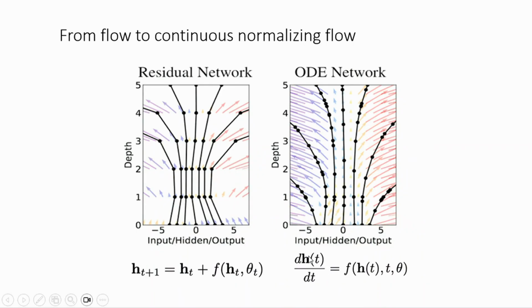And the generative model basically follows the ODE to directly move samples from the initial noise towards the target distribution by following the ODE defined in this function.